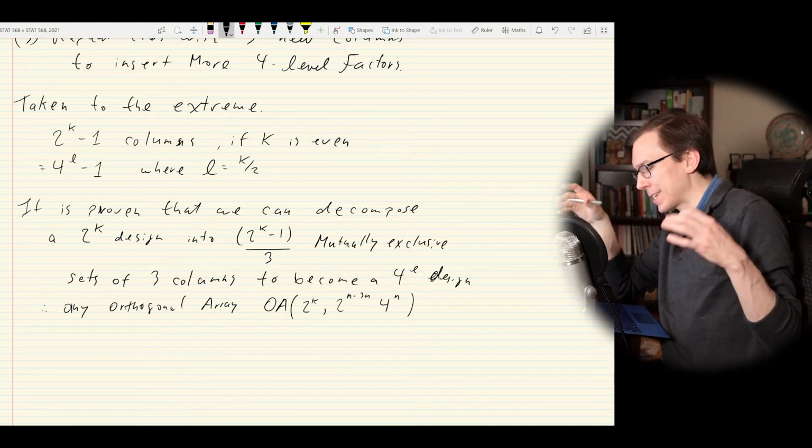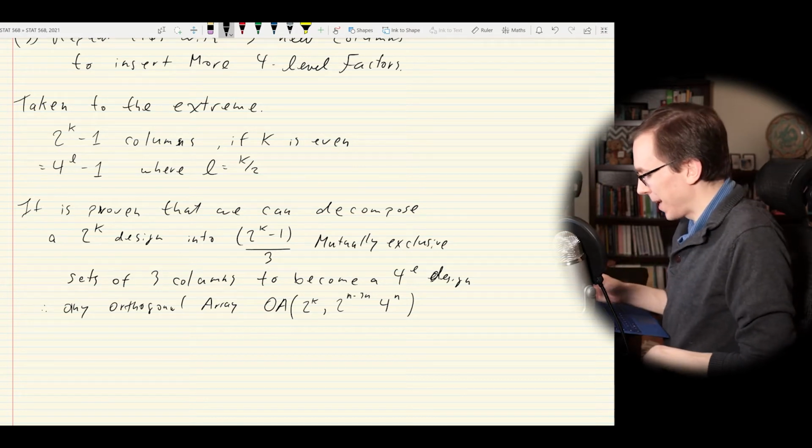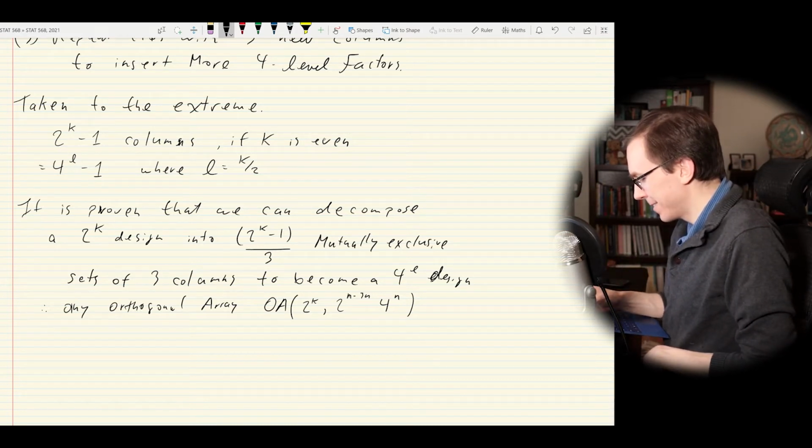Doesn't really matter for this. The point is that any orthogonal array of this form exists.